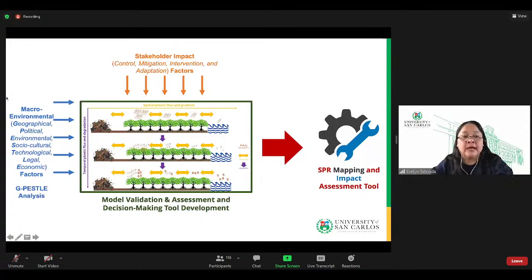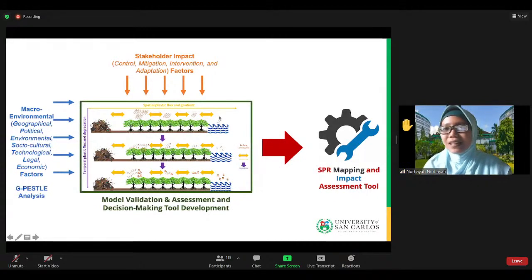So for example, geographical: what is the nature of the area geographically? Is it straight along the coastline, or are there also some curves, areas where these plastics would settle and collect? And sociocultural, as another example, would be how the local communities in a given area behave as far as waste management is concerned. So are they just full of plastic waste?